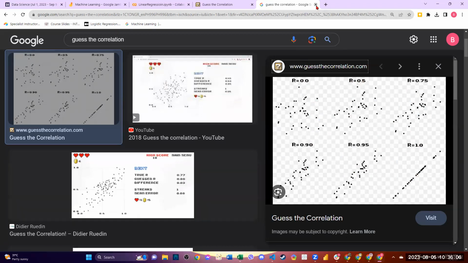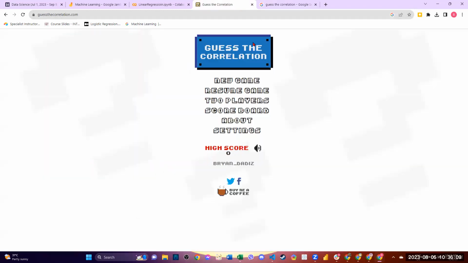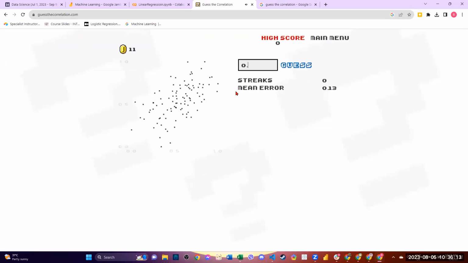All right? So let's test that knowledge. Let's go to the guess correlation. So we will just resume the game. For this one, I want to know, what is your guess for this kind of dots?